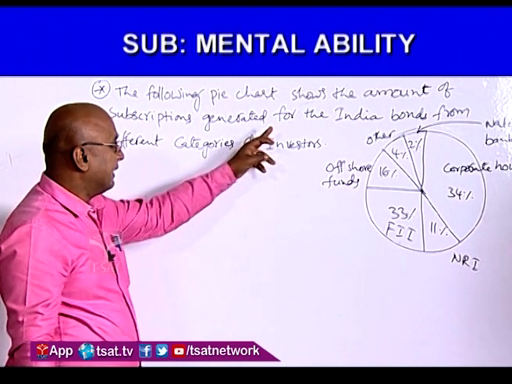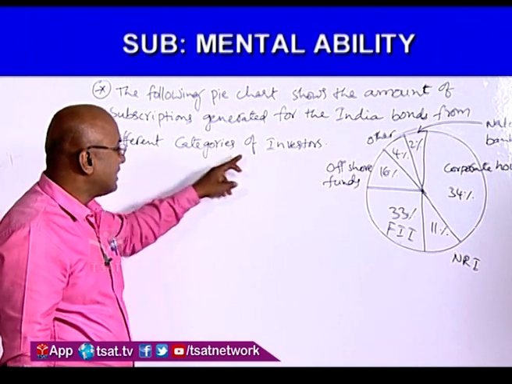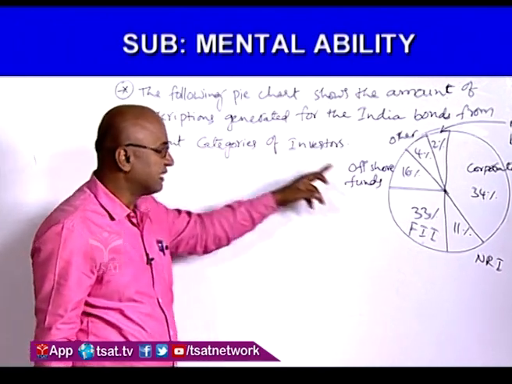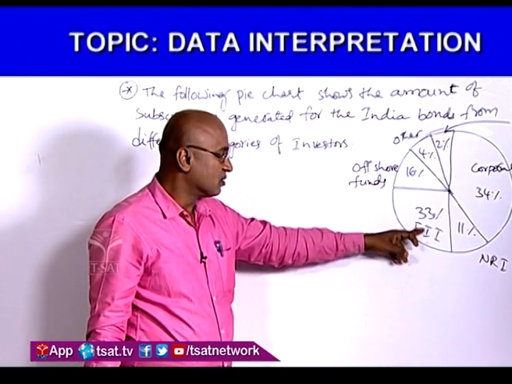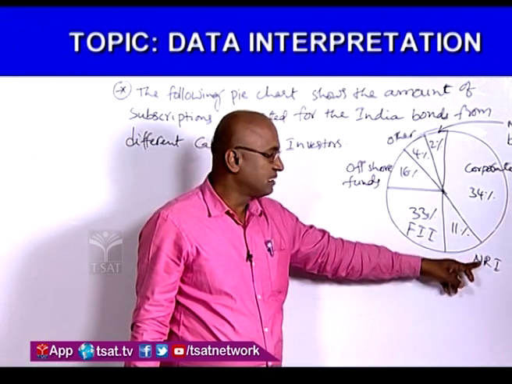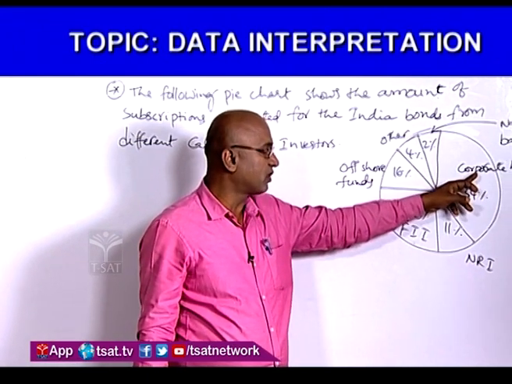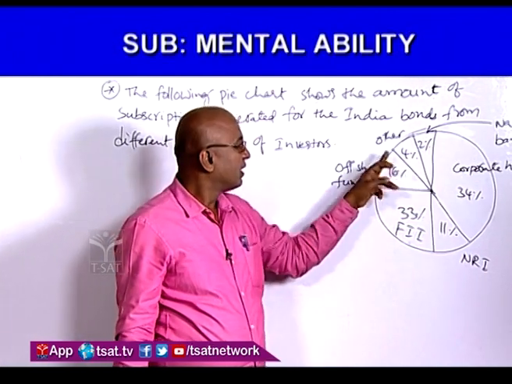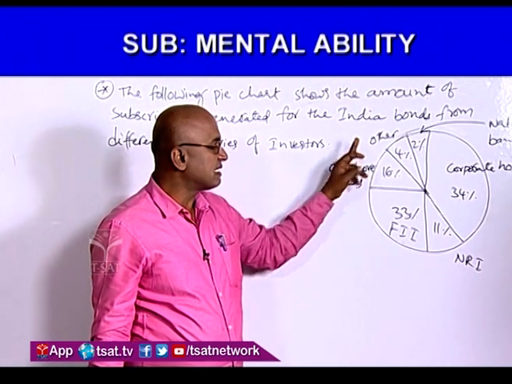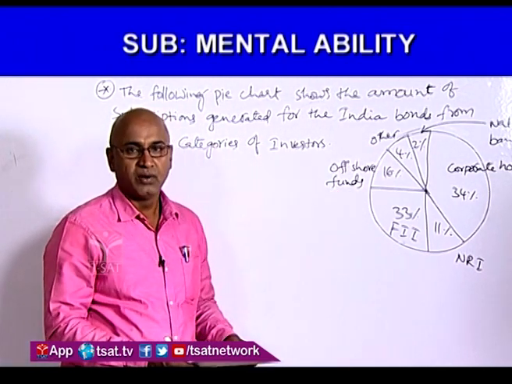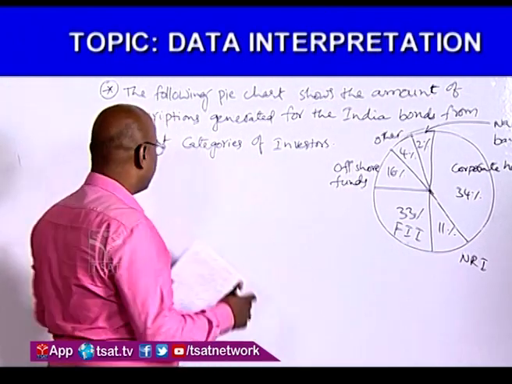So, for the Indian bonds from various investors, the amounts of subscriptions are generated like this: 33% from FII, 11% from NRIs, 34% from corporate house, 2% from national banks, 4% from other resources, and 16% from offshore funds.